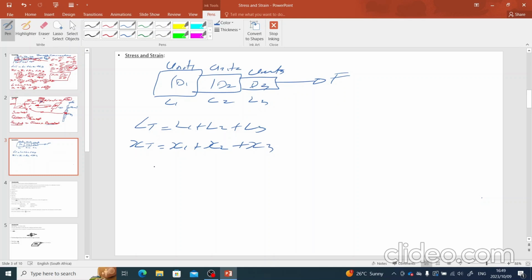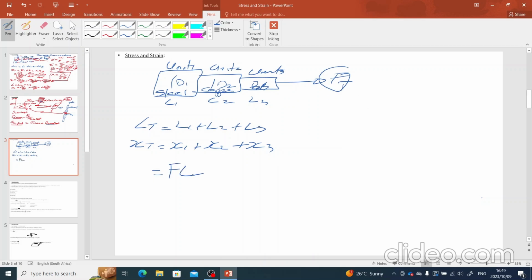Now please, this can be steel, this can be copper, this can be aluminium. If that's the case, when coming to this formula, the force would be the same thing, the common one.